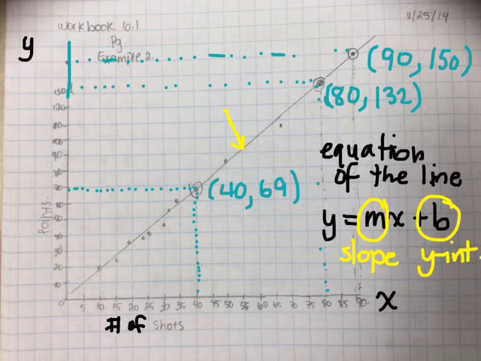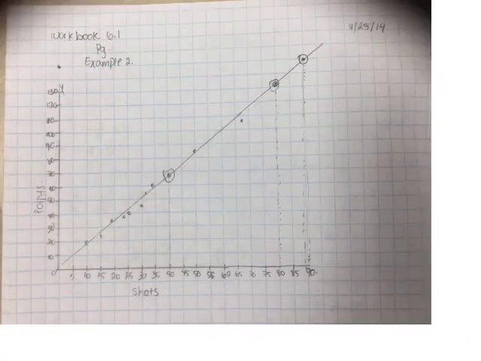Okay, so everyone has a line. So you're looking for 2 points, 2 coordinates that are directly on the line. So I wouldn't choose this one because it's not on my line, right? I want to just find 2 points that are easy to read. So for me, I would probably choose this point here because it's very easy to read this coordinate.